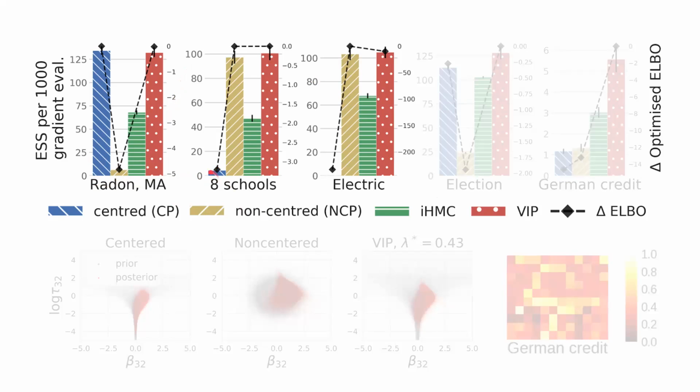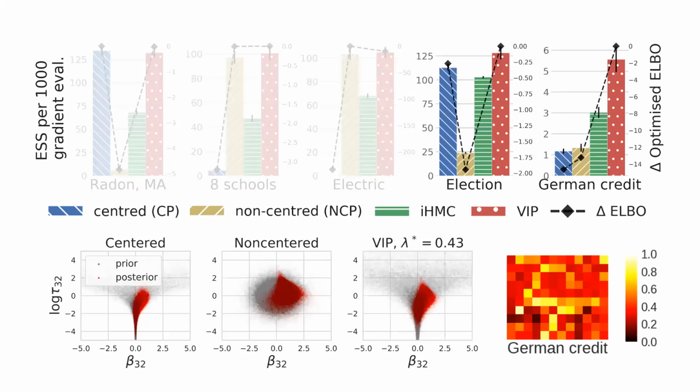Here the centered does very badly, and so on. And you see that VIP recovers the one that does better. So this is robustness. It's already quite good, and it already shows that it works in terms of automatically determining the reparameterization of the model, which can be very useful.